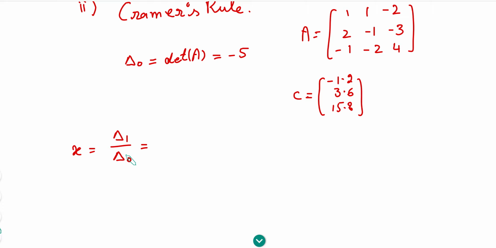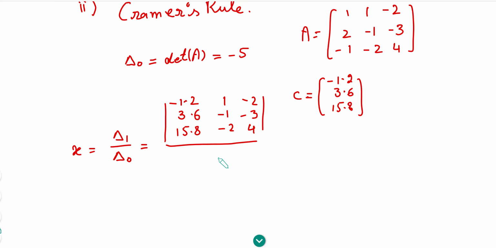Delta naught is the determinant of A. Delta 1 is the determinant of A where the first column has been replaced with the C matrix, meaning -1.2, 3.6, 15.8, and the rest of the columns will be the same, 1, -1, -2, -2, -3 and 4, divided by delta naught, which is -5.